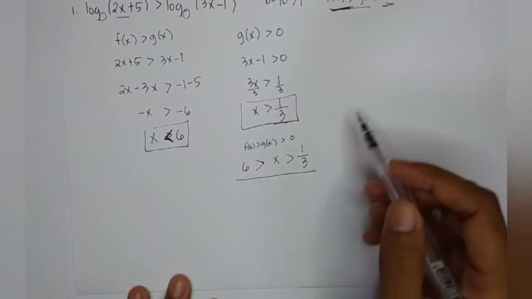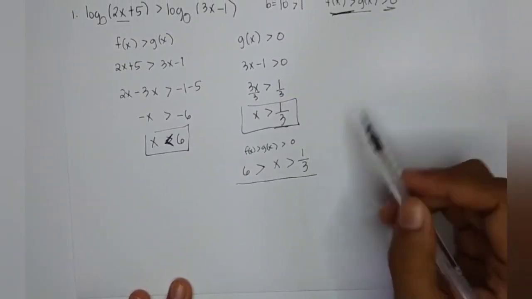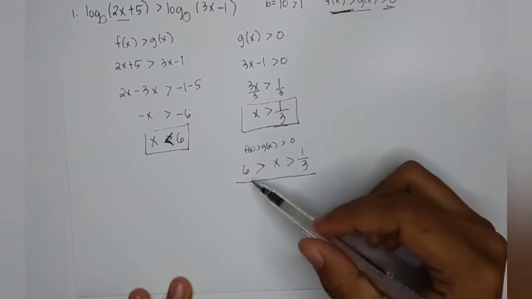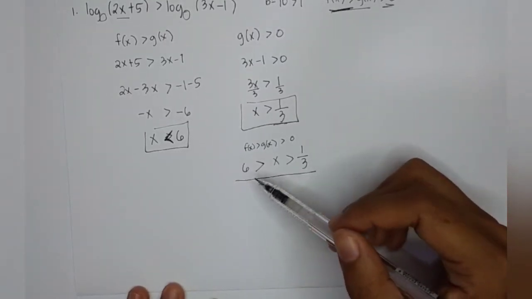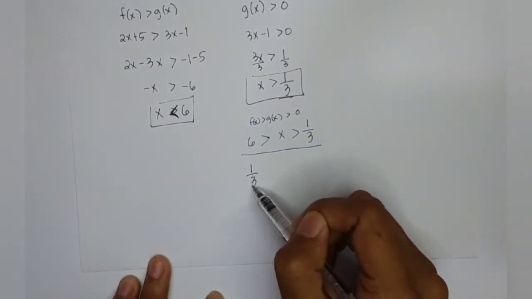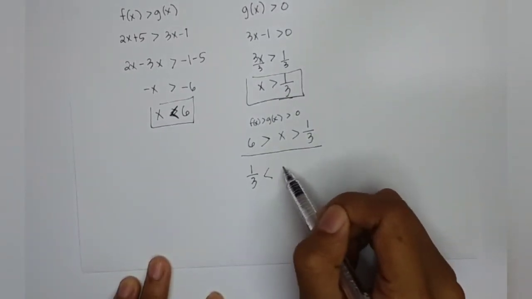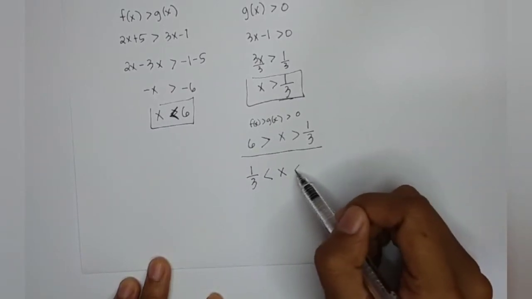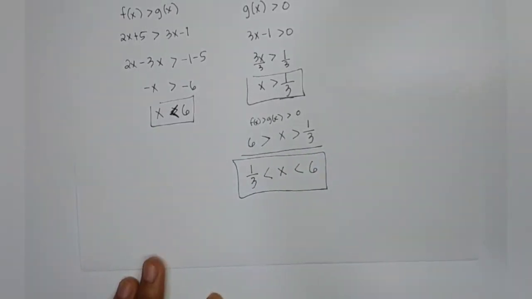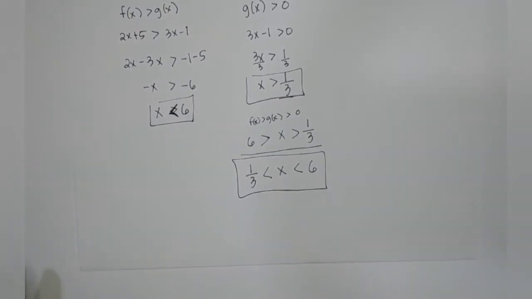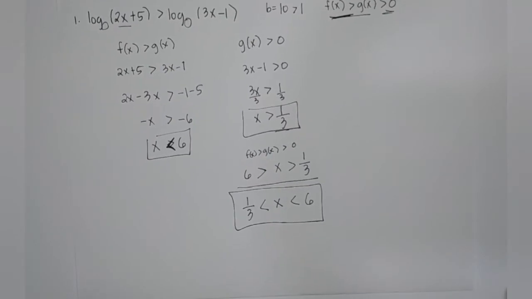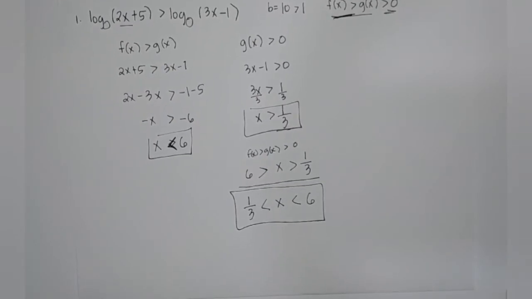Always take note that when we write an inequality, we start from the smallest, the lower limit, going to the upper limit, the largest. So if we rewrite this, x is greater than 1/3 but less than 6. That will be our solution for the given inequality.